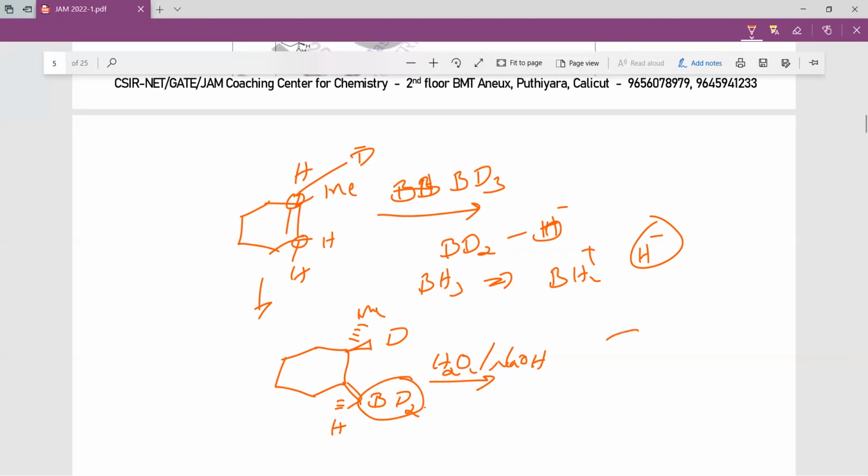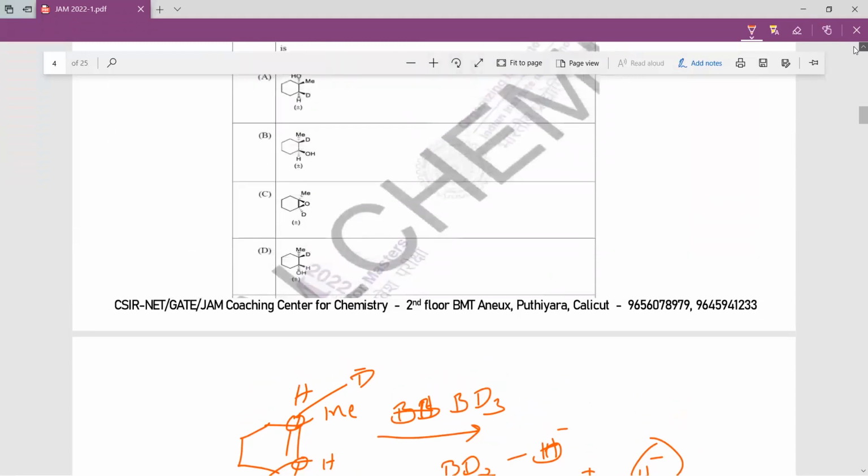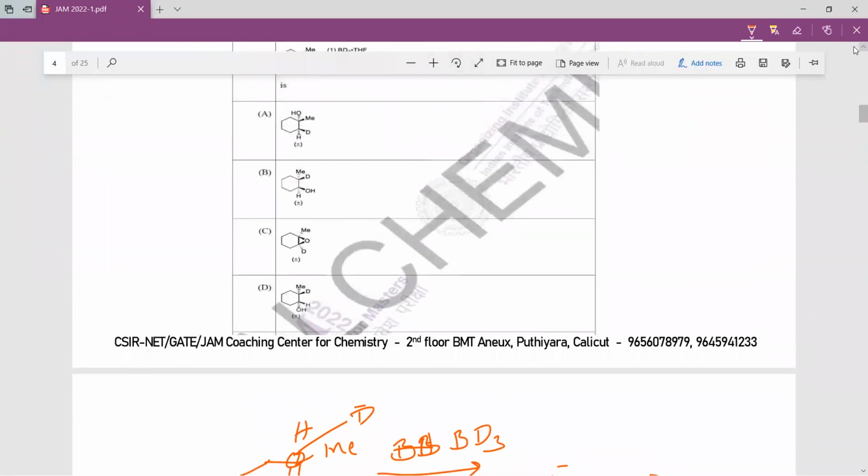So the product will be like this: deuterium, OH, H, and Me. This will be the product. If you look at the options, the answer is option B. The second option is the correct answer.